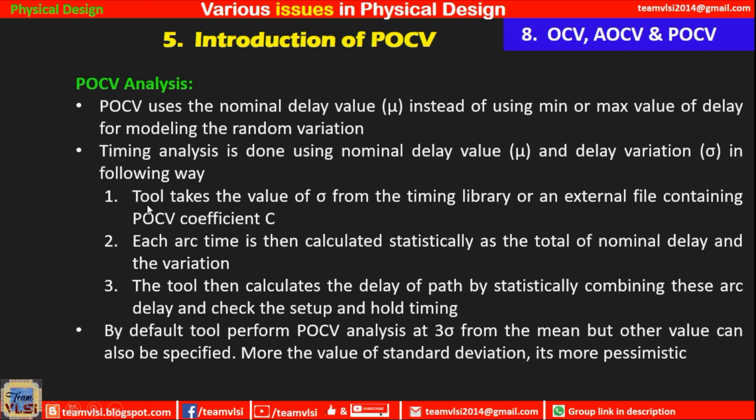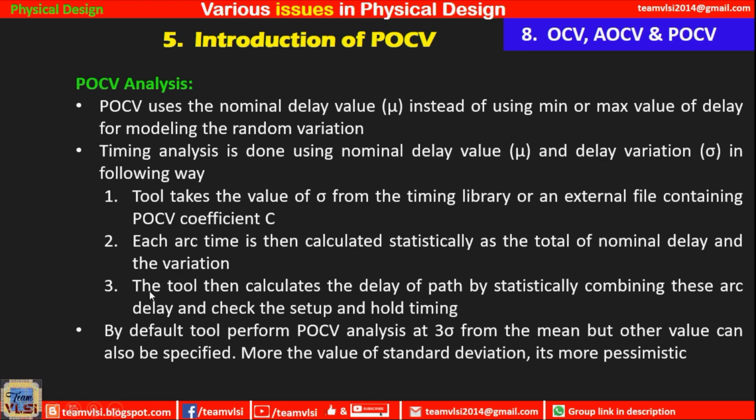First, the tool takes the value of sigma from the timing library or an external file containing the POCV coefficient. Each arc timing is then calculated statistically as the total of nominal delay and the variation.